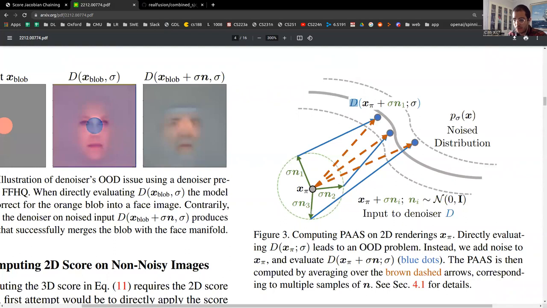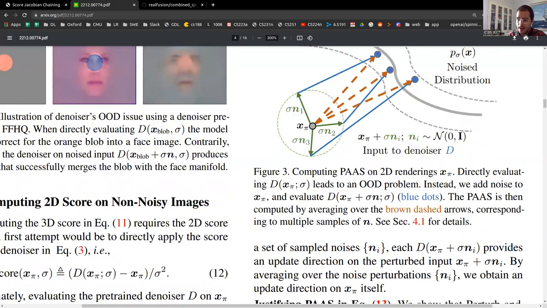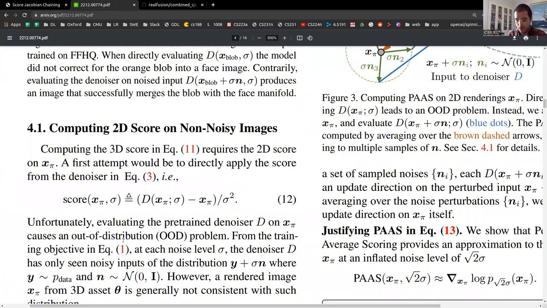So instead of computing the blue lines, it computes the dashed brown lines. Perturb and average scoring calculates these vectors, which are indicated as dashed brown. It takes the average of these brown vectors, and this way it's able to solve this out of distribution problem.